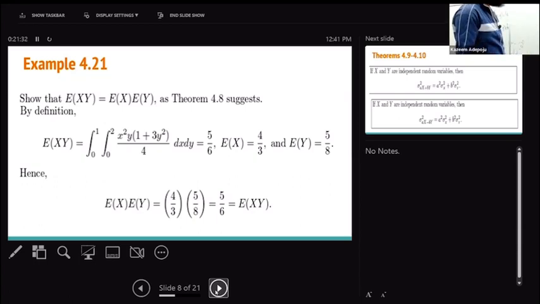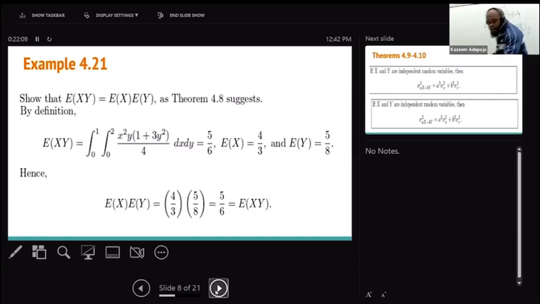Okay, now let's say you are given f of x y, right? You know that if I want to get expected value of x, I need f of x. So if you obtain this from the joint, what I'm trying to tell you is this. If I want to get f of x, it's going to be the integral from 0 to 1 of x squared y times 1 plus 3y squared over 4 dy.